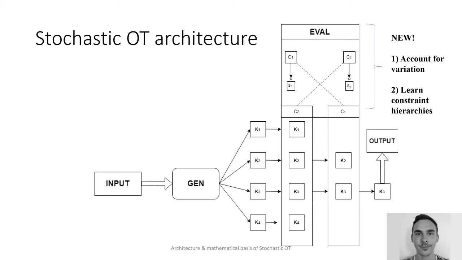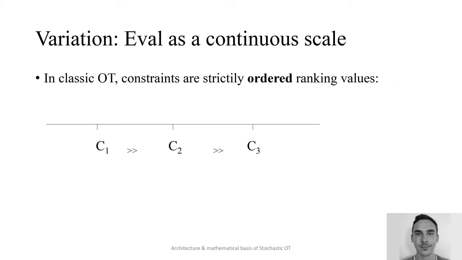Well, let's start with the changes to the structure of the constraint set. In classic OT, we can conceive of constraint orderings as strictly ordered rankings, where we could have a constraint in second, first, or third position, for example. And the higher ordered constraints participate more strictly in candidate evaluation.